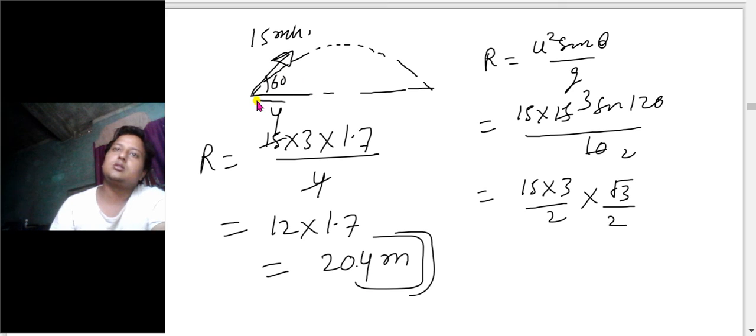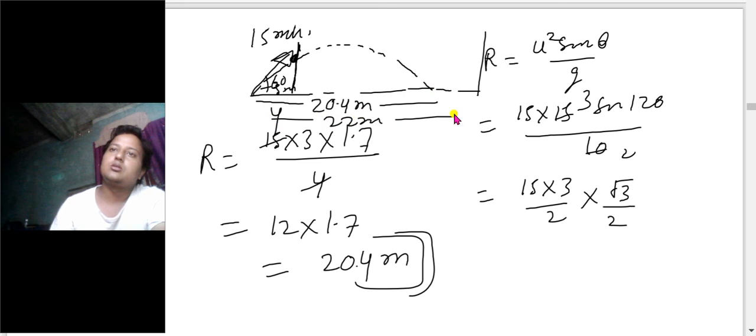The range is 20.4 meter. If the board is at 5 meter, the projectile will necessarily hit it. If the board is at 22 meter, the projectile will not hit it.